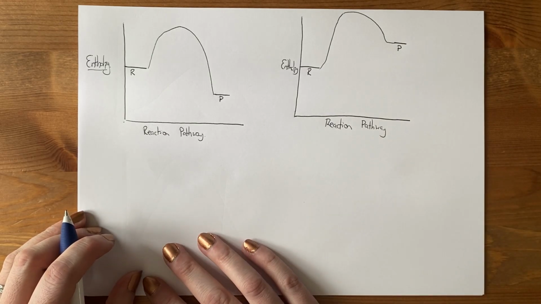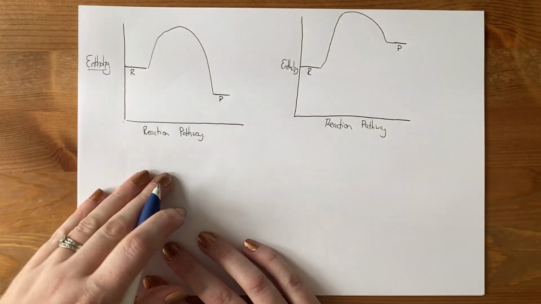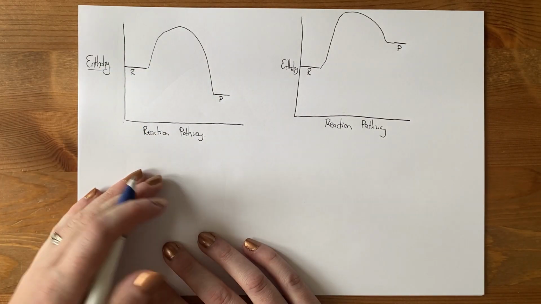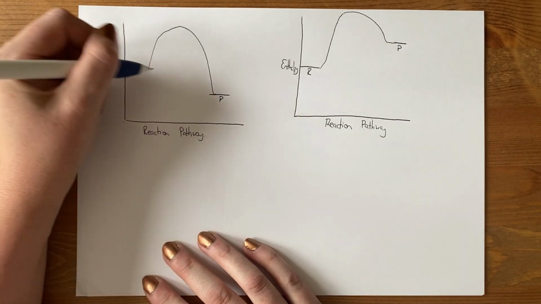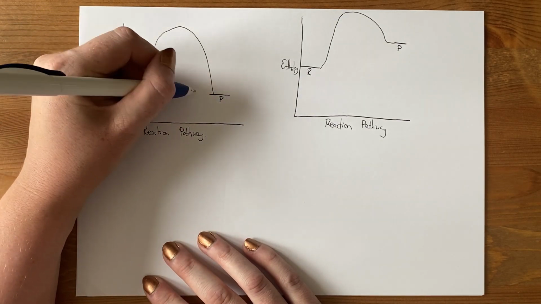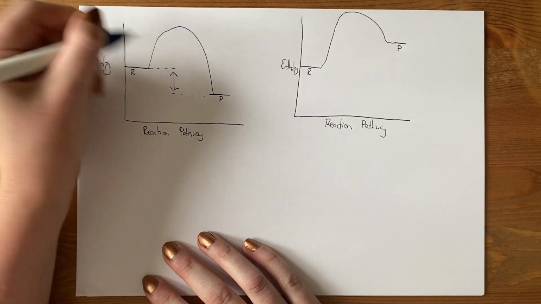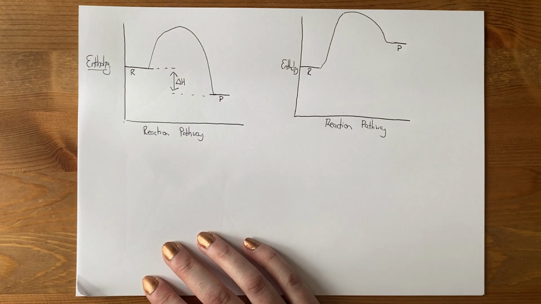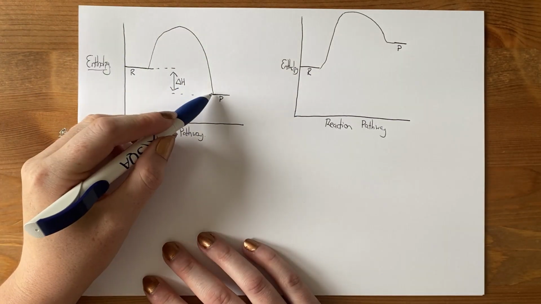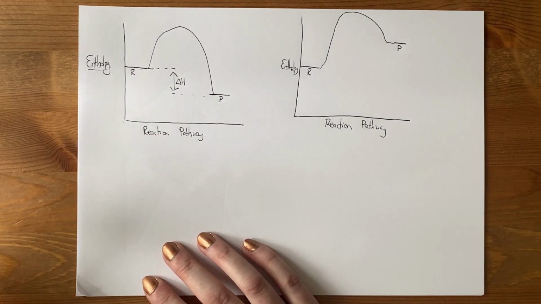Okay. There are different calculations that we need to do based on these reaction pathways. Firstly, I need to know the difference between this and this. So the difference here is my enthalpy change. Enthalpy is represented by an H. So my change in enthalpy tells me the overall change in reaction energy.